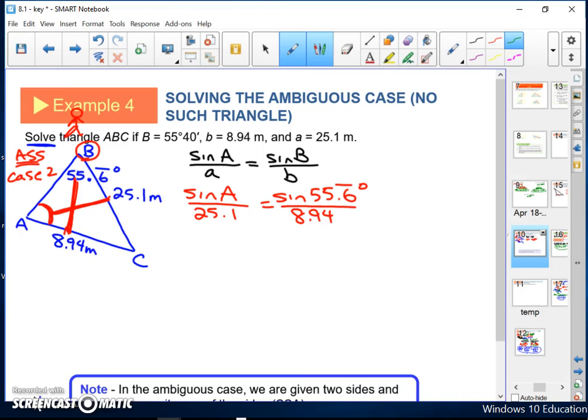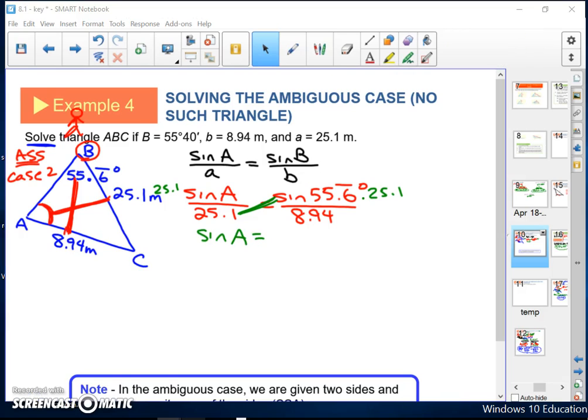So there's my proportion. You can think about it as cross-multiplying if you want, or you can think about multiplying both sides by 25.1. I kind of think about it as just multiply this up. But sine A is going to equal whatever we get when we multiply that side. So you need a calculator for this.